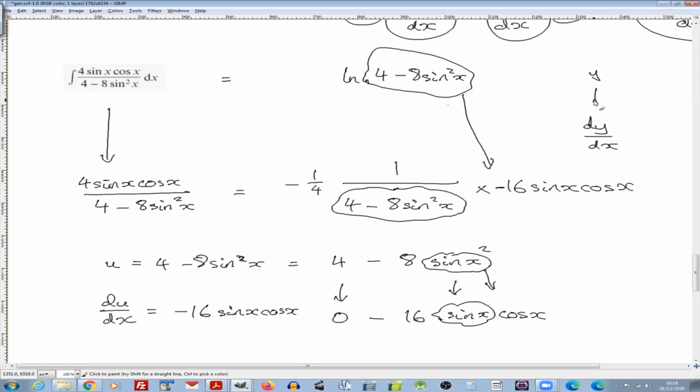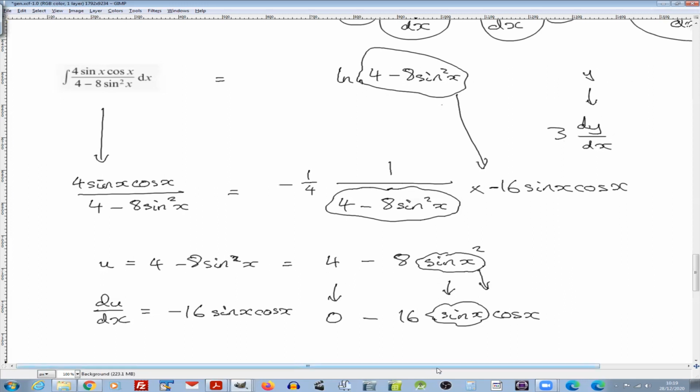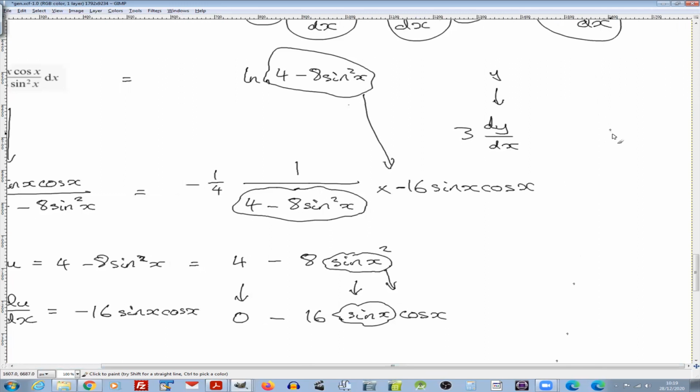Well, what is 3 dy dx the derivative of then? So, for example, x squared is the derivative of what? For the third, x cubed.